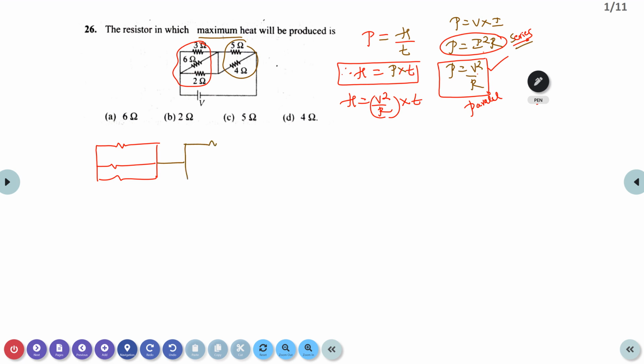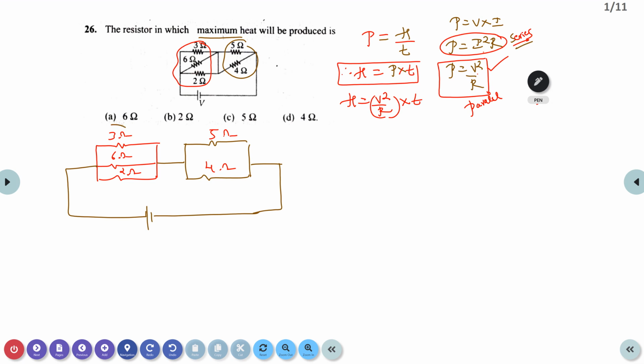And this is connected to the battery. This is 3 ohm, this is 6 ohm, and this is 2 ohm. Similarly, this is 5 ohm and this is 4 ohm.